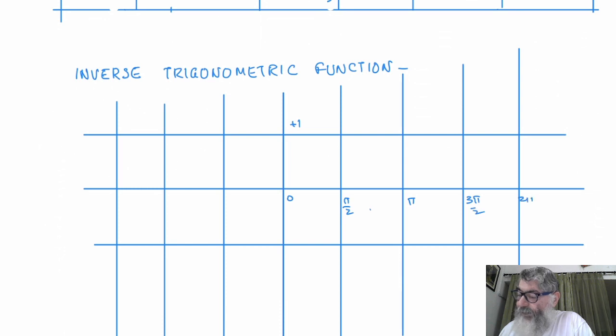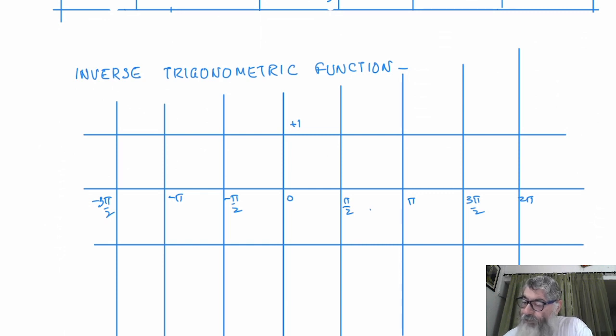I am drawing only one complete cycle, 0 to 2 pi. This side will be minus pi by 2, minus pi and minus 3 pi by 2. I will draw this side also.